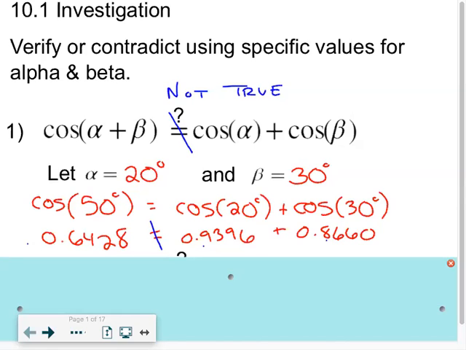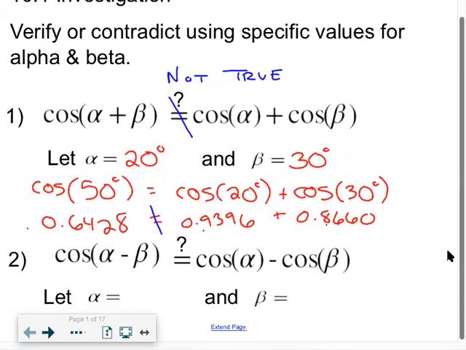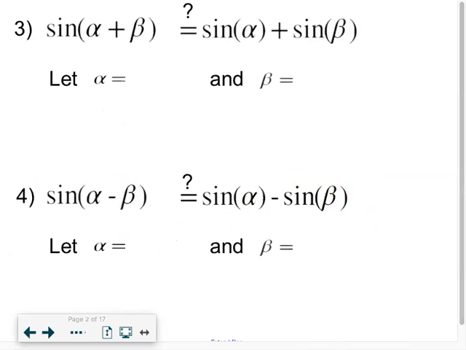And if you were in class and we had time to do this, I would run through an example of cosine of alpha minus beta. I would also run through an example of sine alpha plus sine beta and sine alpha minus sine beta. And for all of them, you would learn that this is not true at all whatsoever. The point of this is two things.